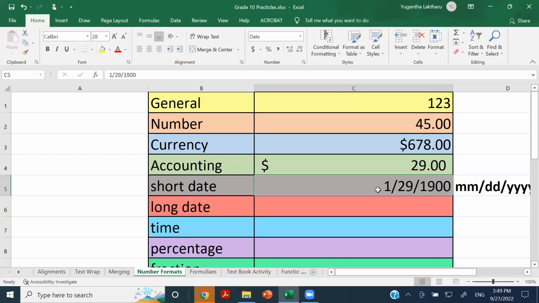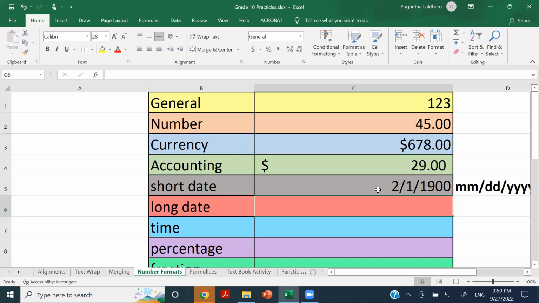If you give 32, it's February 1, 1900, because there are 31 days in January, and the 32nd day is going to be the 1st of February.